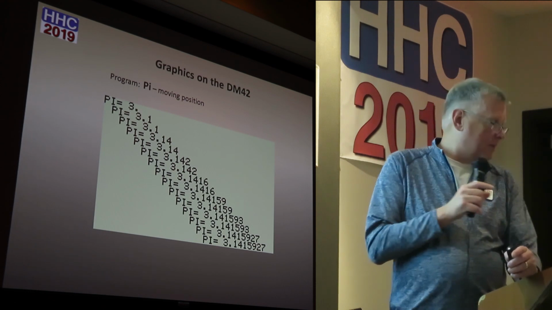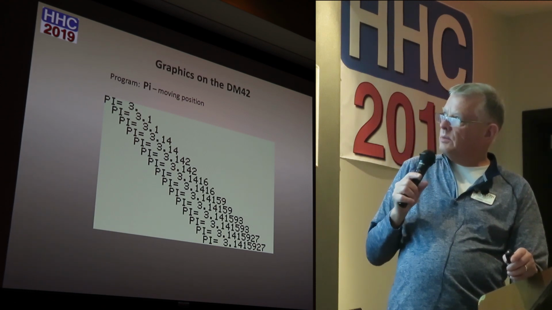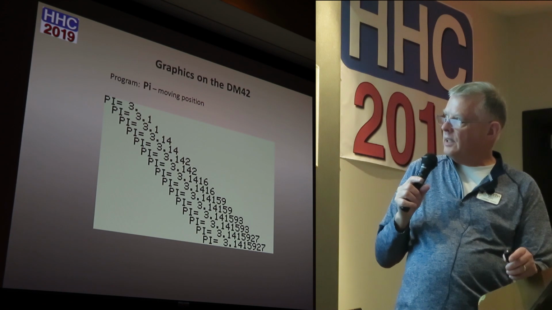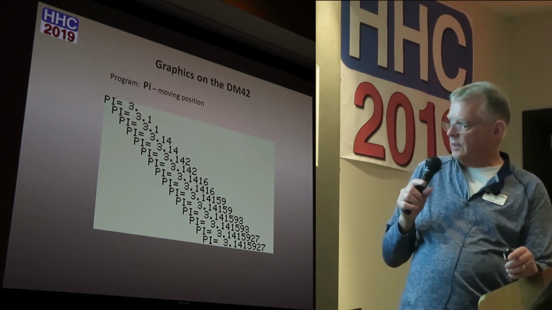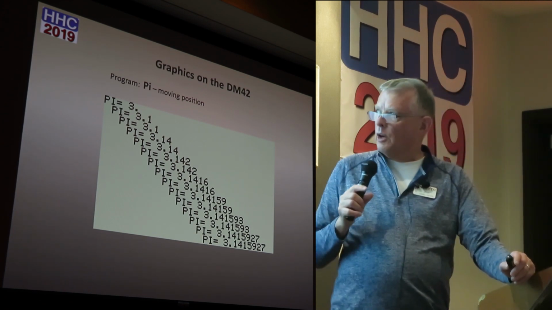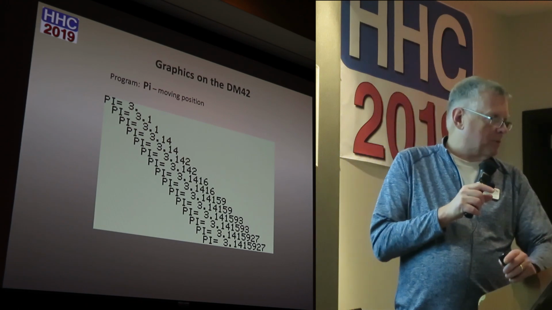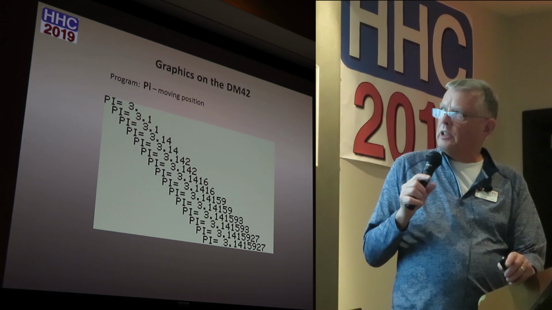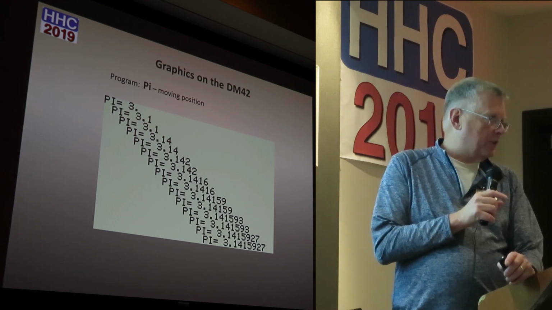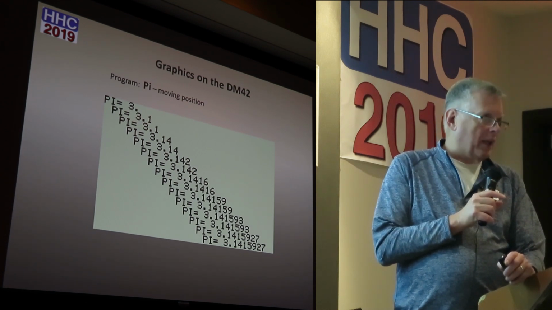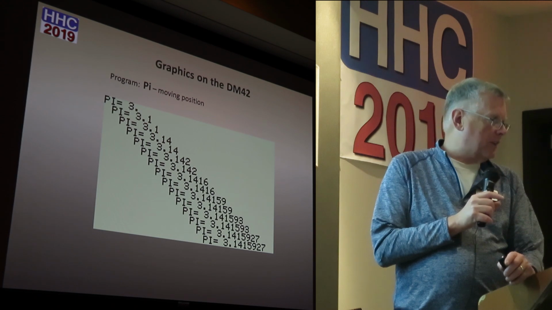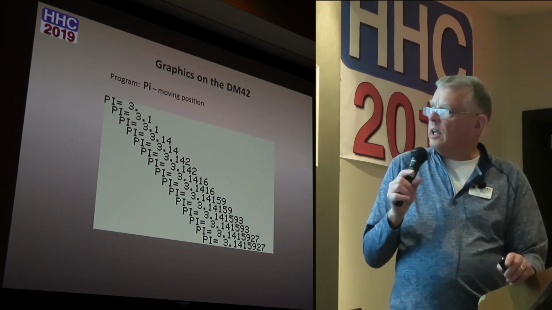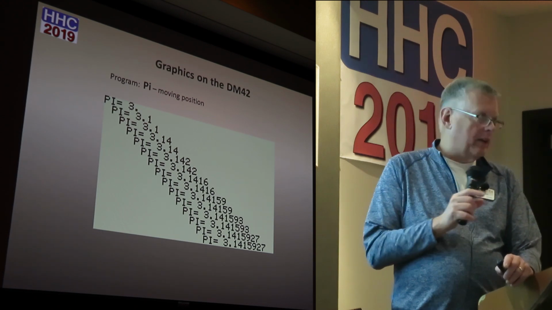Was that 14 or 15? 2, 4, 6, 8, 10, 12, 13, 15. And all this does is it just moves the decimal place one for each loop into it. It's pretty simple, but it just shows you can position different things. It's using a font that's loaded into the, not only a font, but also a display program.